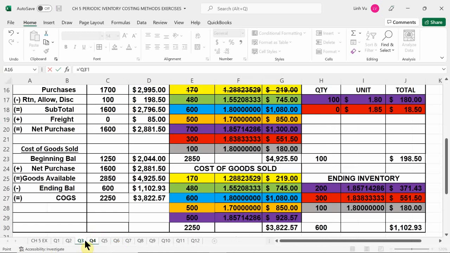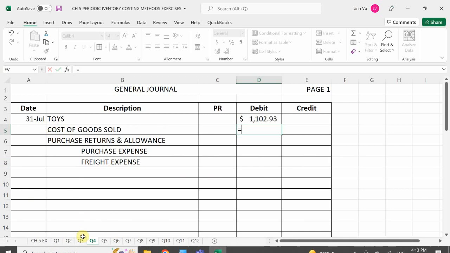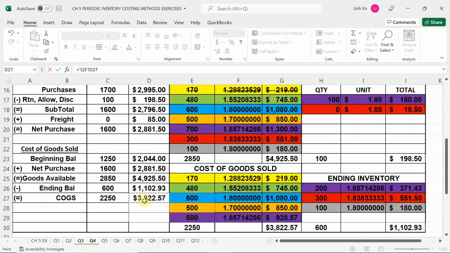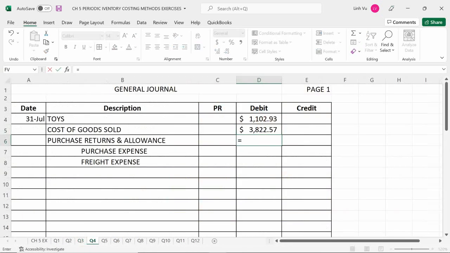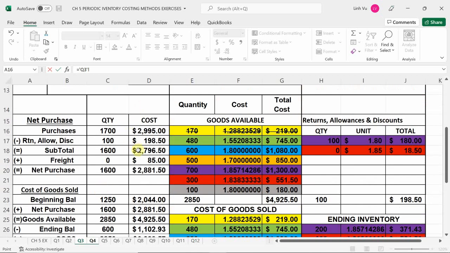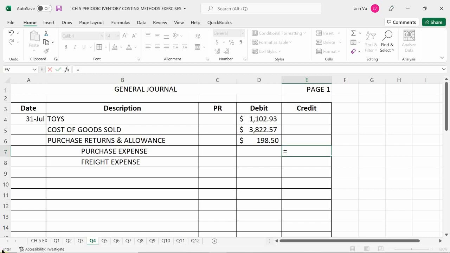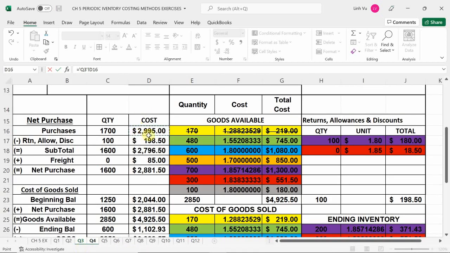And then we have the purchase returns and allowance as $198.50. Okay. And then total purchase expense is $2,995, with freight expense of $85. Okay. And anything else?